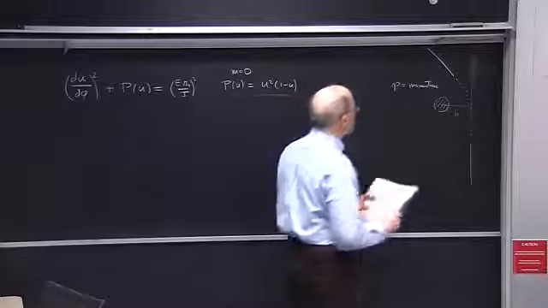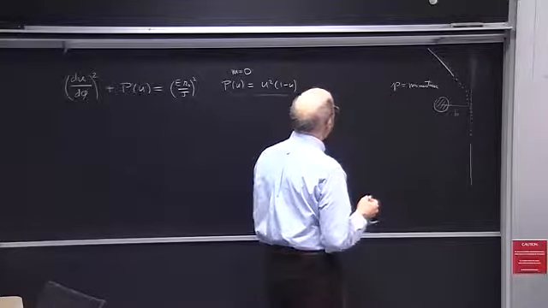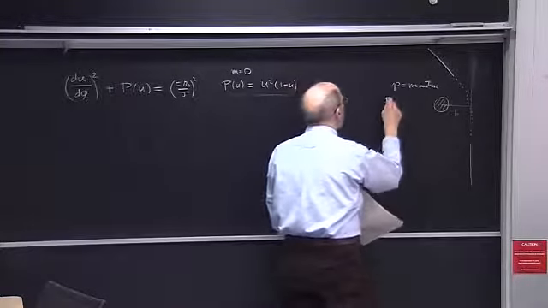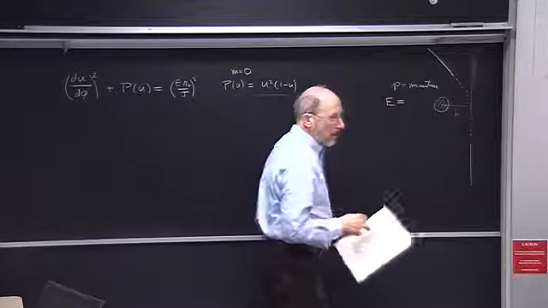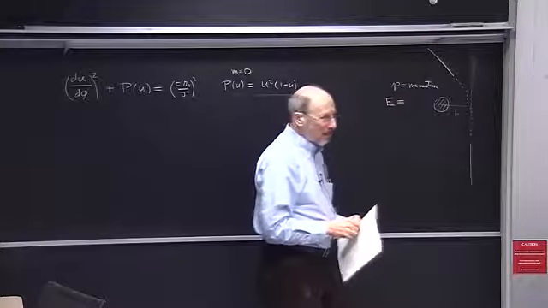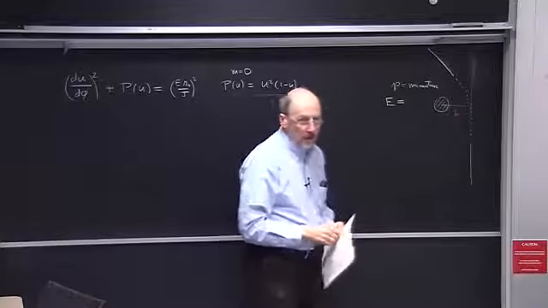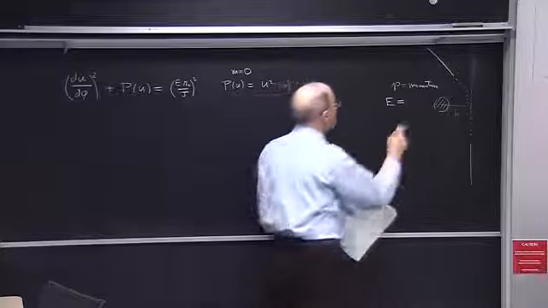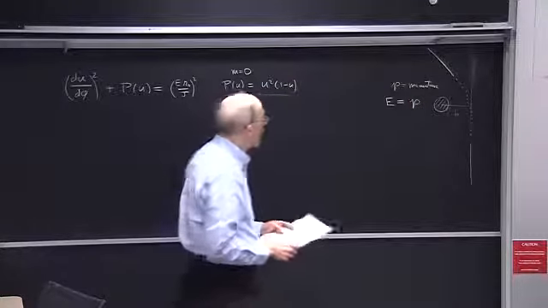I just mean the magnitude of the spatial momentum. In that case, what is its energy? Something everyone knows from special relativity. If it's a photon, a massless particle, it has pc, or since we're setting c equal to 1, it's just equal to p.